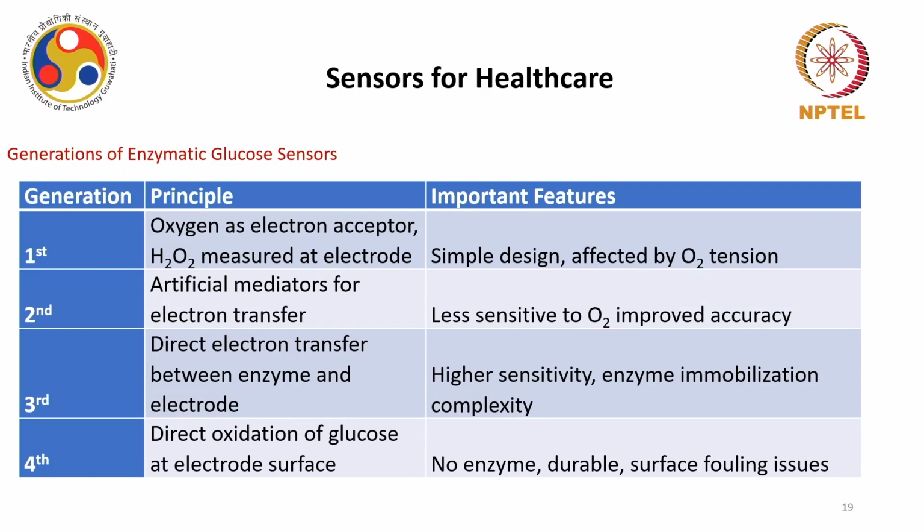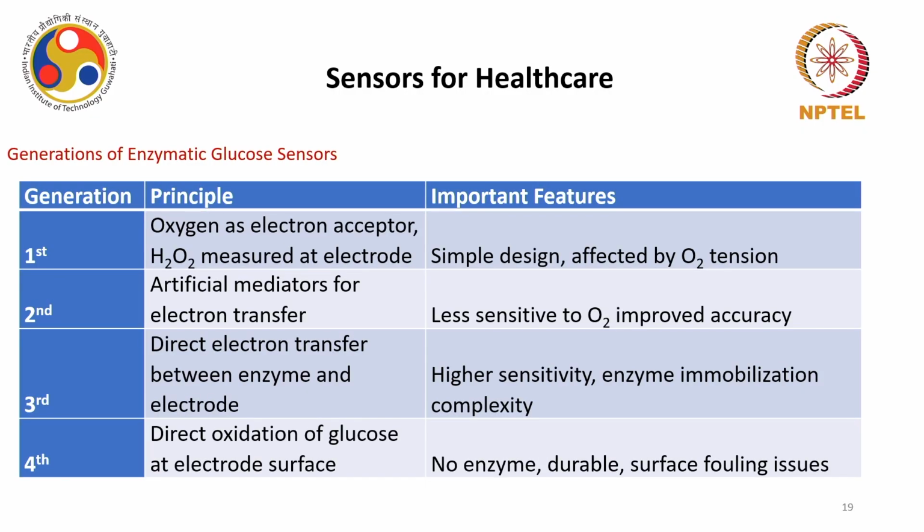So, if I see the important features of different generations of this electrochemical sensor, in the first generation devices, the principle remains oxygen as an electron acceptor and H2O2 is measured at the electrode and is oxidized, which gives electrons.